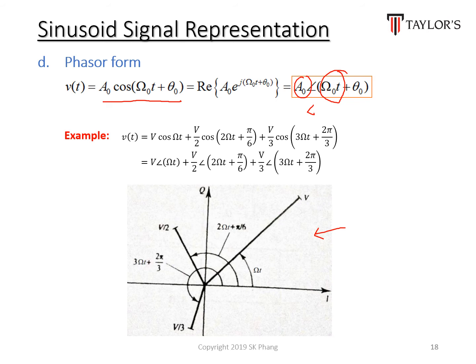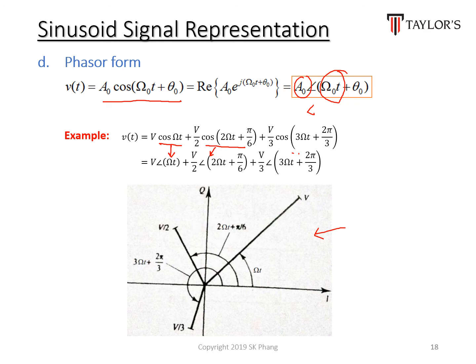Look at these examples. Cosine omega t is simply V angle of omega t, and cosine 2 omega t plus pi over 6 is simply V angle of 2 omega t plus pi over 6, and so on.